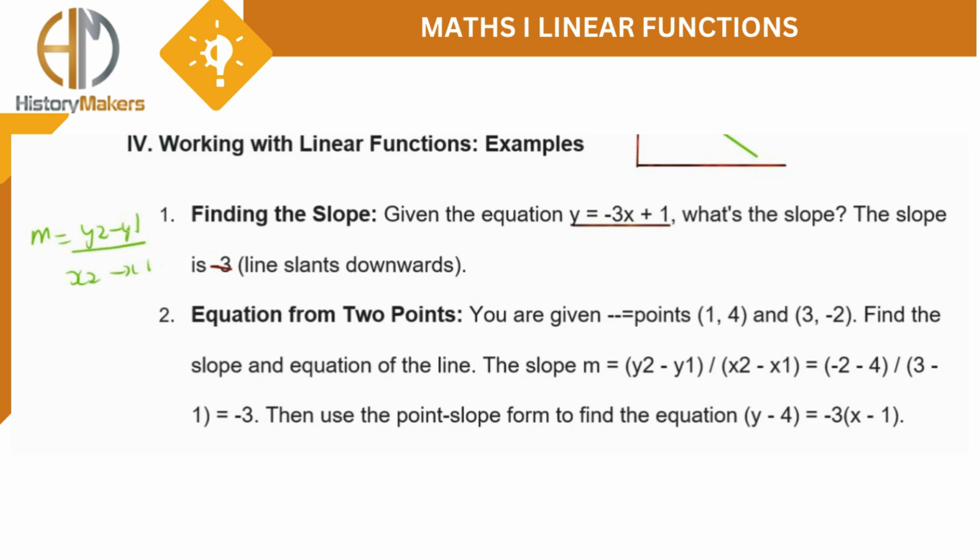Let's say this is point 1 and this is point 2. You can choose your points. Where does y2 we put the 3, and where does y1 we put 1. And where does x2 we put the -2, and where does x1 we put the 4.